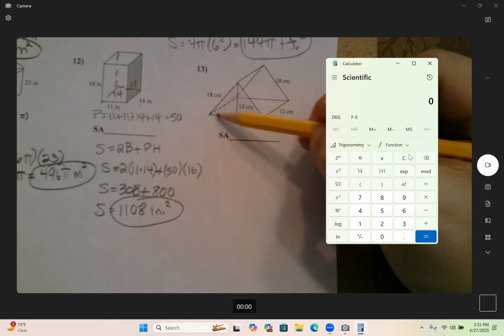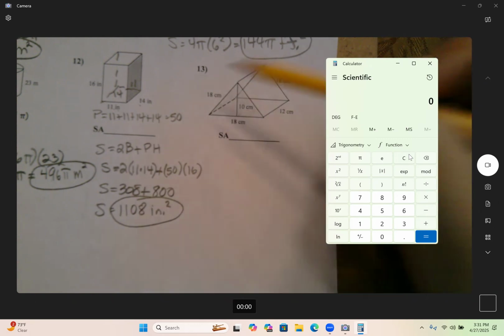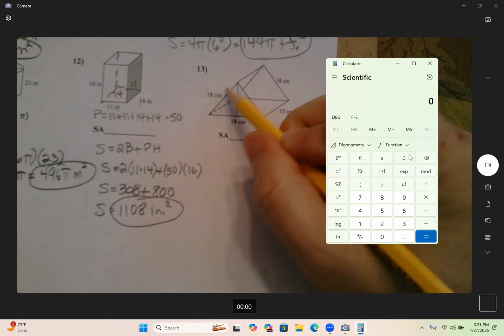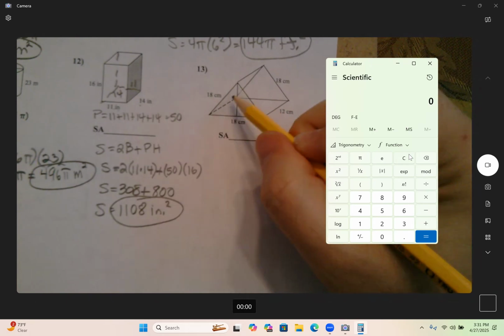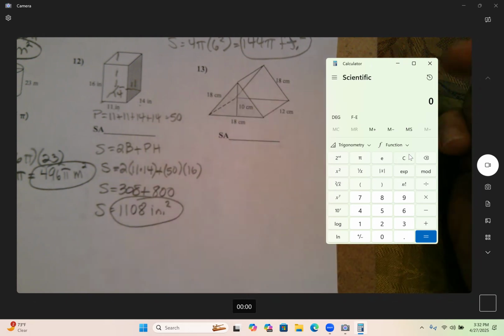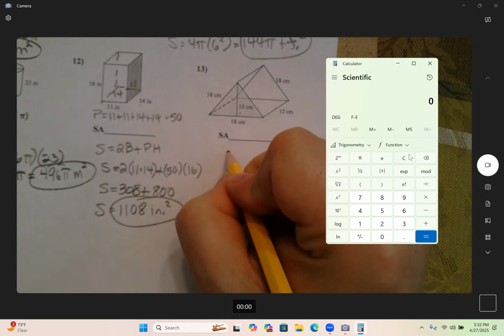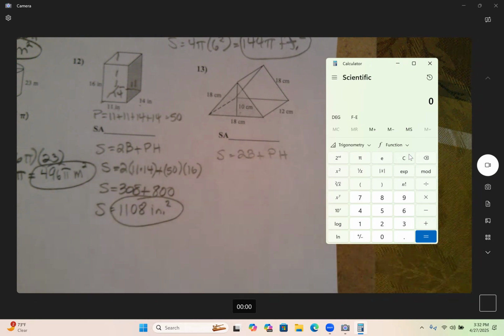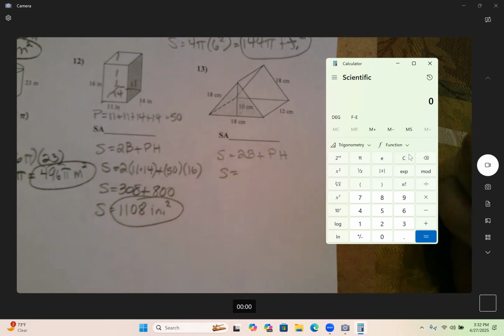So on number 13, we have a prism. Be careful here. It's a prism. Okay, and in that prism, we have a front base and a back base, okay? So twice the base area plus perimeter of the base times the height. Okay.